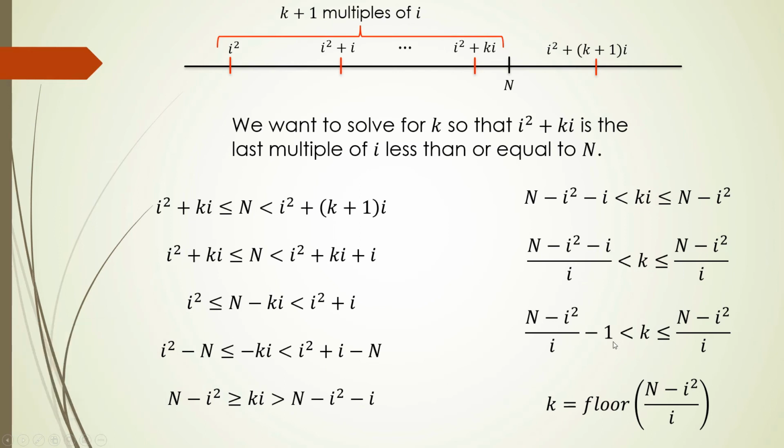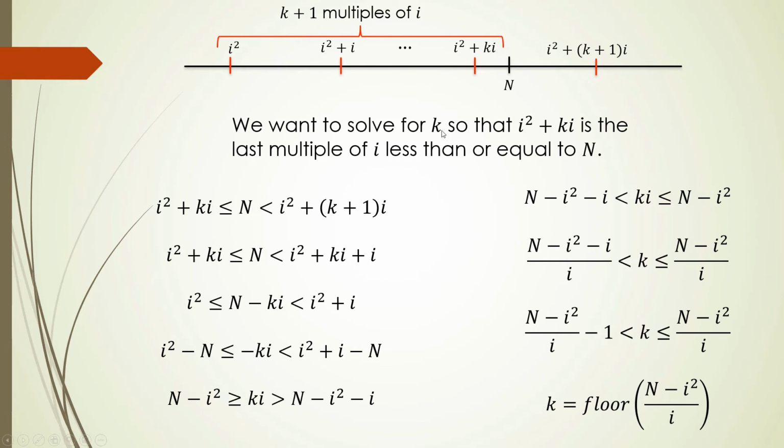And so here we have the same situation. Imagine this is x, and this is x minus 1. x is some real number, and k is in between those values, and it's a property of the floor. That means k is the floor of (n minus i squared) over i. And that's nice. So we have a formula for k.